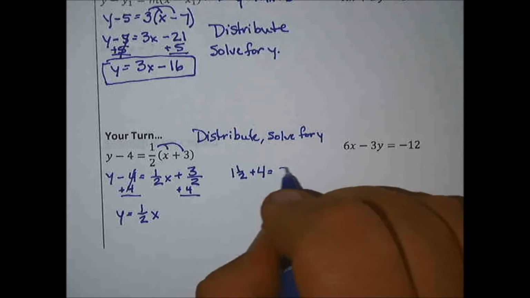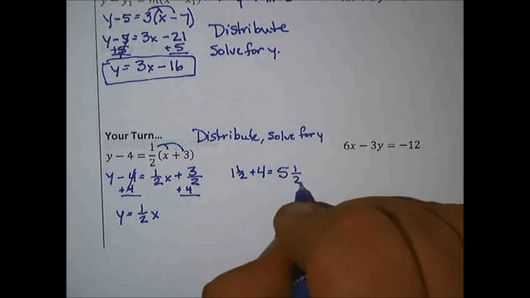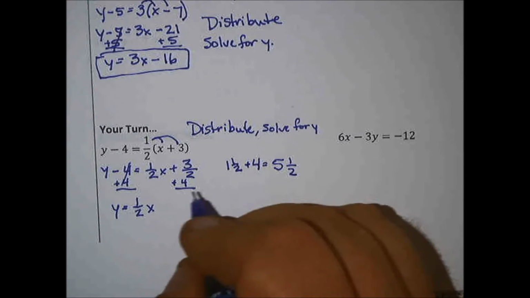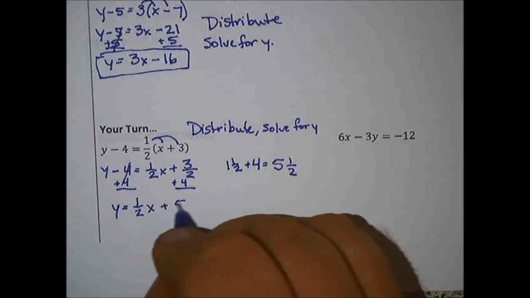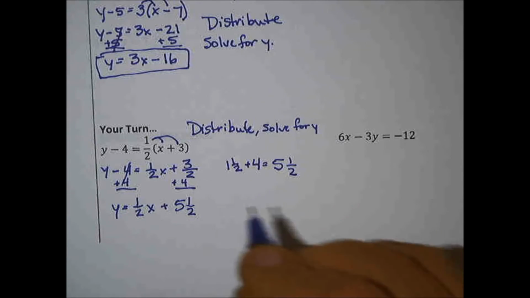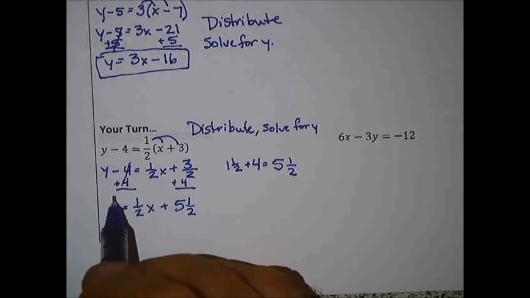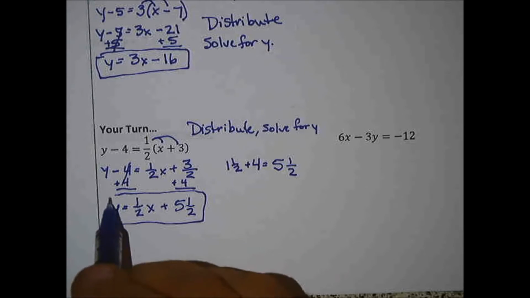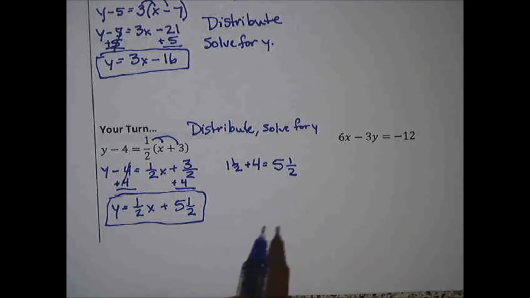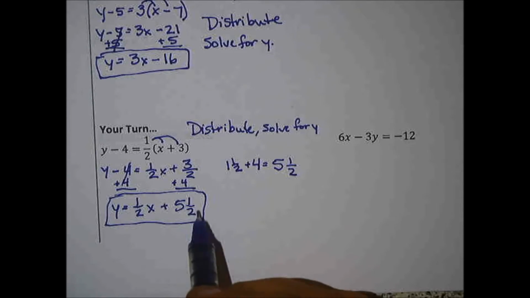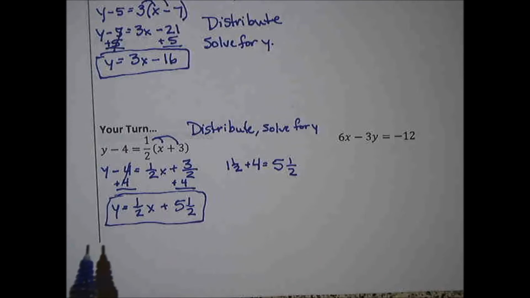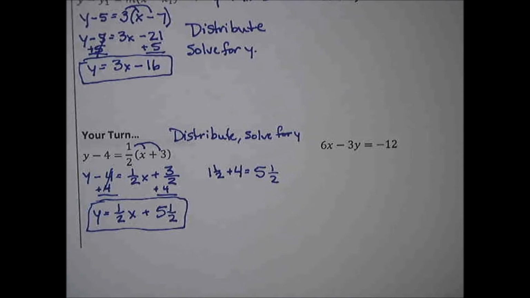So 4 plus 1 is 5. That'll be 5 1/2. So we'll have a plus 5 1/2. If you wrote 11 halves, that would be right. If you wrote 5.5, that would be right. Any form of this number is okay, as long as it's the correct one.